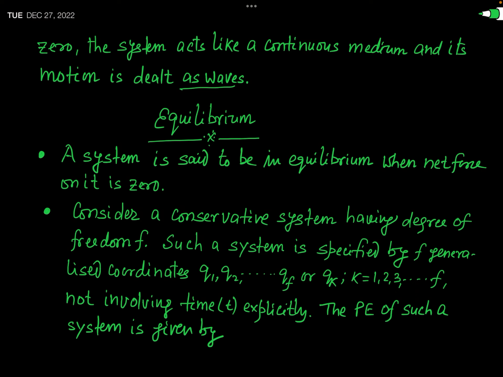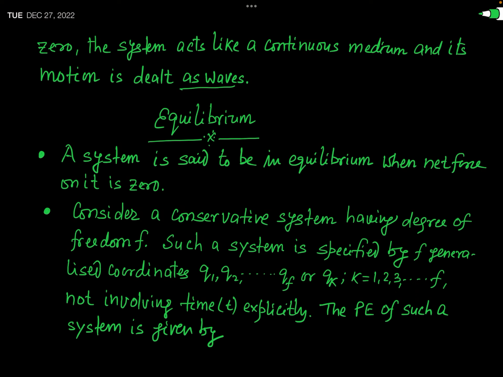We denote those generalized coordinates by the symbols q1, q2, q3, and so on up to qf. In brief, you can also say that the generalized coordinates of this conservative system are qk, where k is 1, 2, 3 and so on up to f.